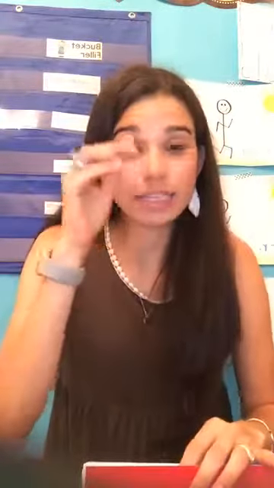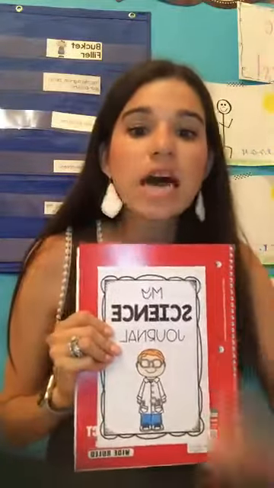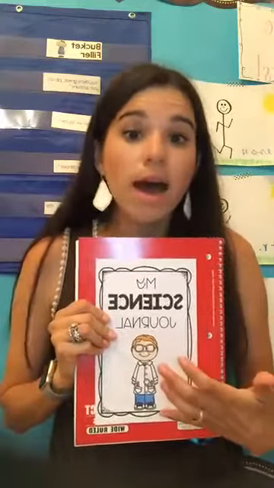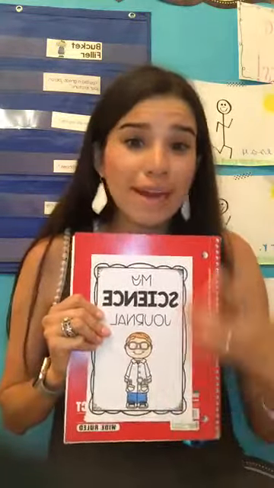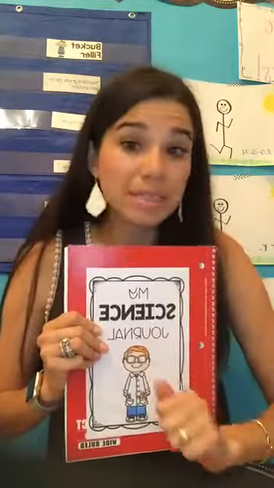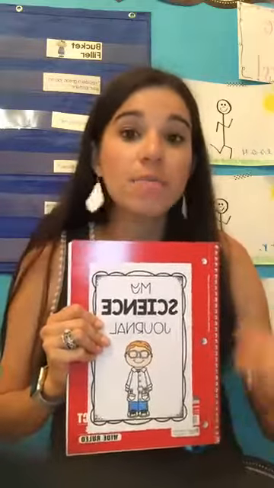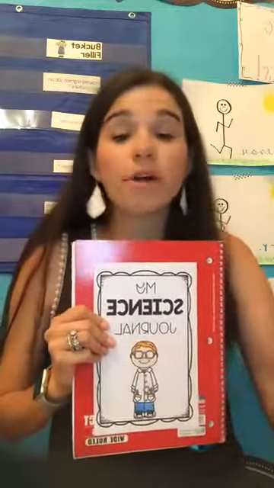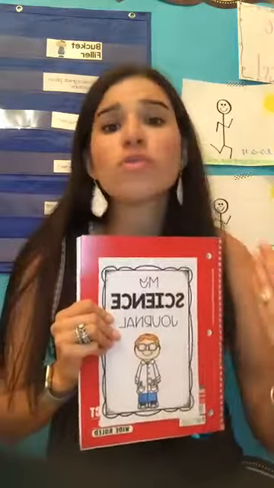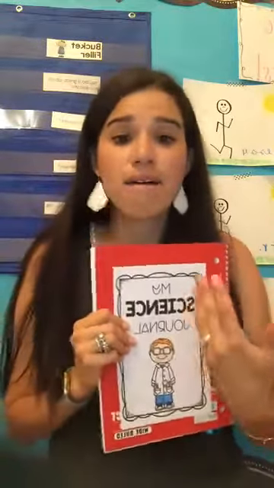Okay, my other tip is not to stress about writing conventions. I did not want my kids to not write something down because they were worried about getting it wrong. I wanted them to just focus on writing down their thoughts, their ideas, their questions on their output side, and on their input side, I wanted them to just worry about putting together the foldable and writing down the content that they had taken in on that side.